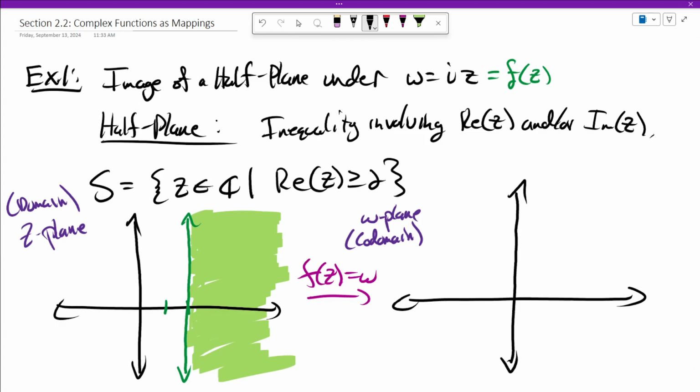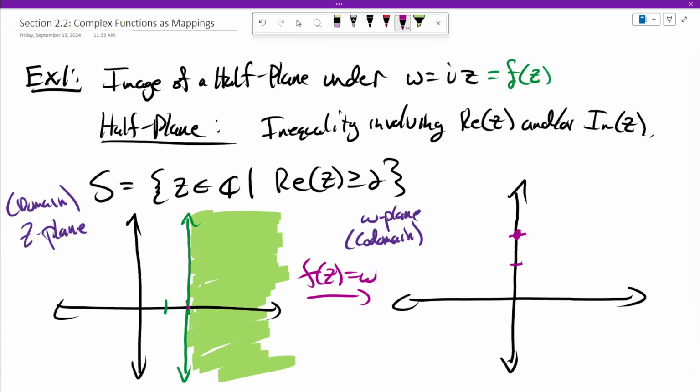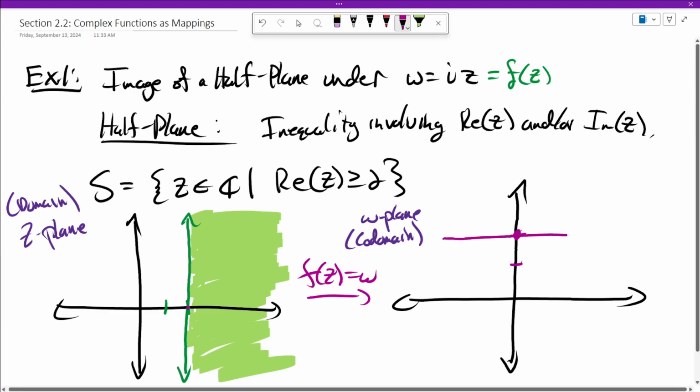The modulus of i is 1, so you're not going to multiply any modulus, but you will add an angle of pi over 2 to the existing argument. So for example, this point here at 2 is going to go up to 2i. And we're just going to rotate that whole line along the circle of radius 2 until we get to there.